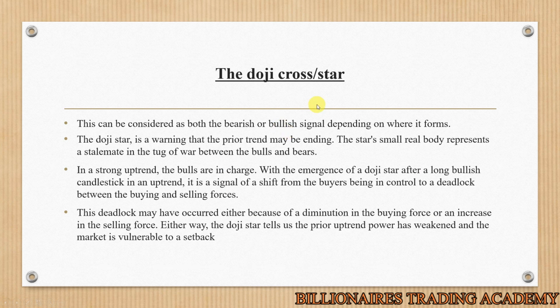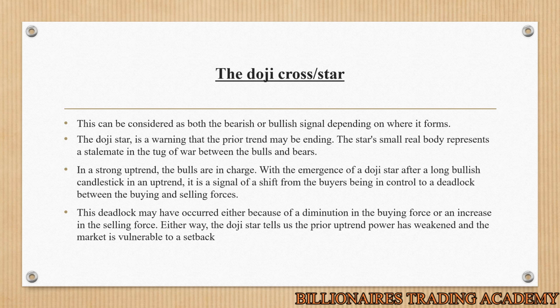So the doji cross can be considered both a bearish and bullish signal depending on where it forms. Like I said, if it forms at support, it will be a bullish signal signifying that price will be going up, and if it forms at resistance, it will be a bearish signal signifying that price will be going down. So the doji star is a warning that the prior trend might be ending.